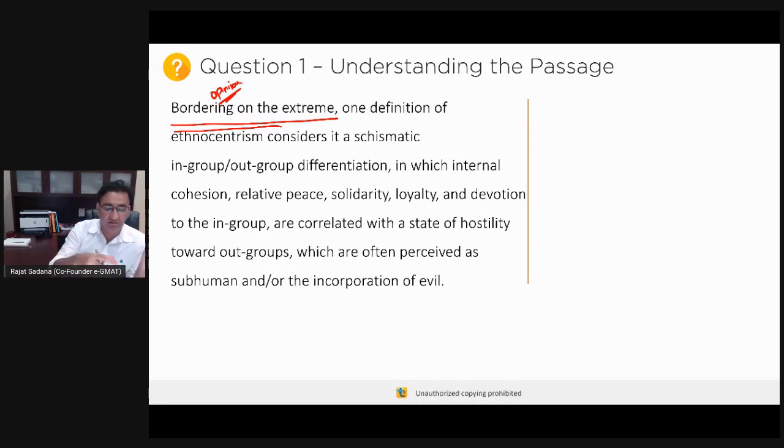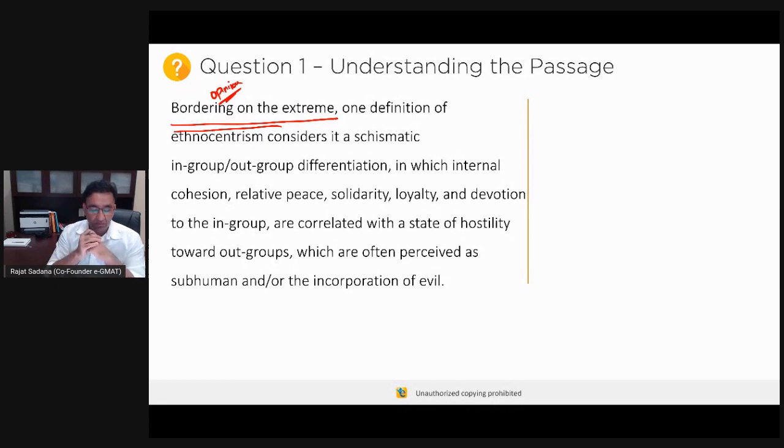And this one is an extreme definition, not the most balanced, in which internal cohesion, relative peace, solidarity, loyalty, and devotion to the in-group are correlated with a state of hostility towards the outgroup, which is often perceived as subhuman or an incorporation of evil.